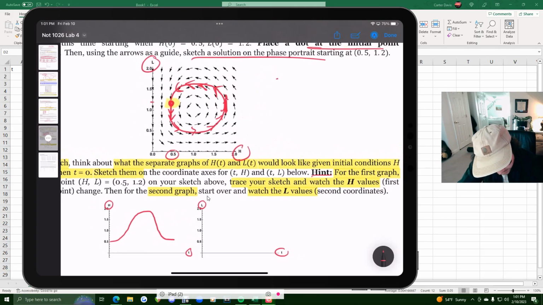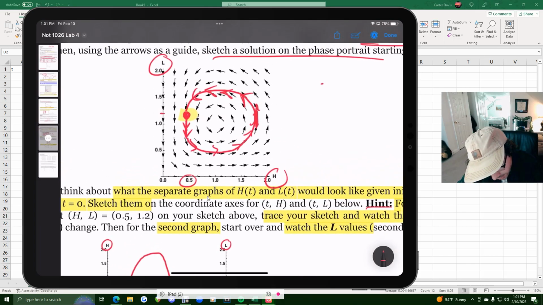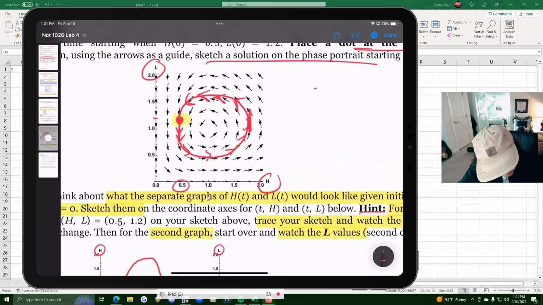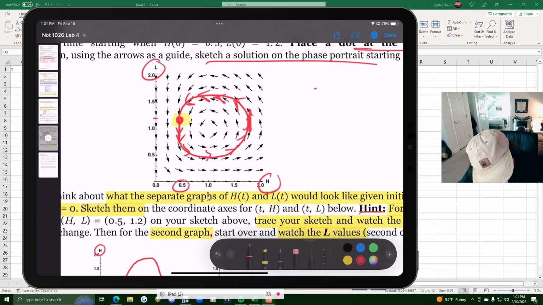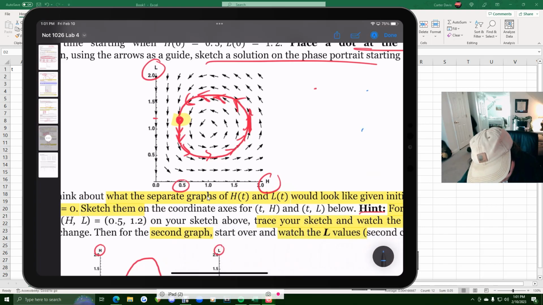And then L of t is sort of the opposite. Instead of considering what H is doing, we're considering what L is doing over time as we pass around this circle. Let's do a blue for L. The L values start at 1.2.